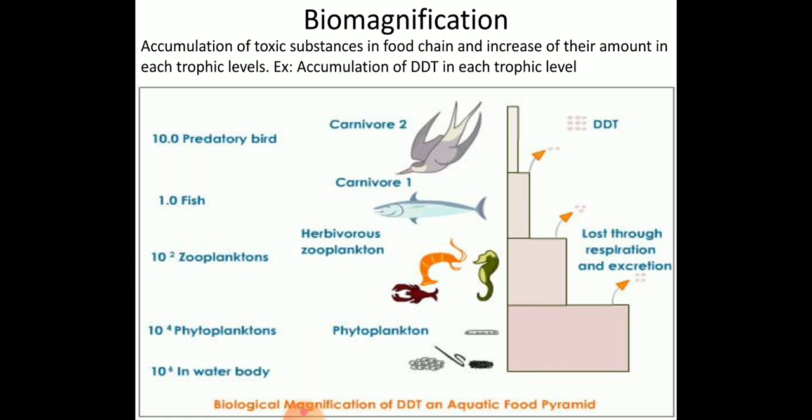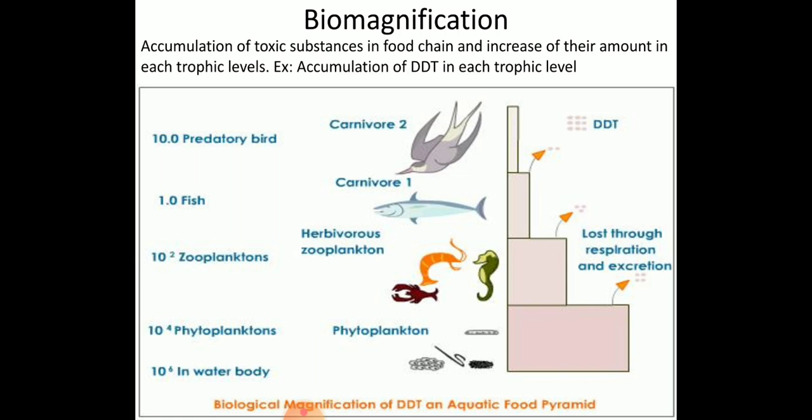So these are the important characteristics of the population: natality, mortality, population growth, population size, population dispersal, and interactions of the population. This is how the ecological population concept works. Another concept is the ecological niche.